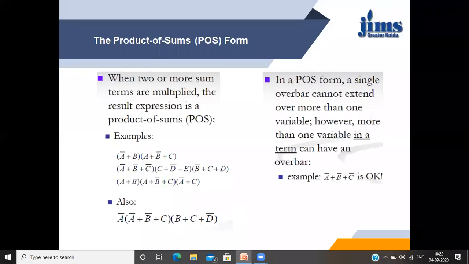Now in a POS form, a single overbar cannot be extended over more than one variable. However, more than one variable in a term can have an overbar.